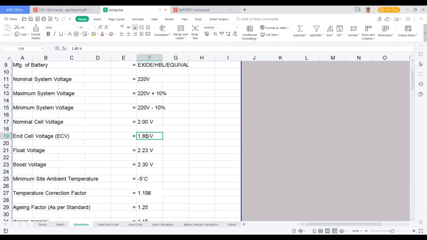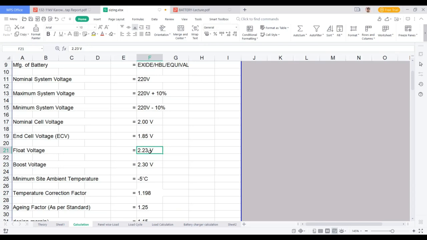The end cell voltage is the minimum voltage that the battery can give before going into pure discharge. Once the battery is below this, the battery cannot be charged again. And the float voltage is 2.23 volts, which is the voltage that we provide to the cell to keep the battery in the charged condition.